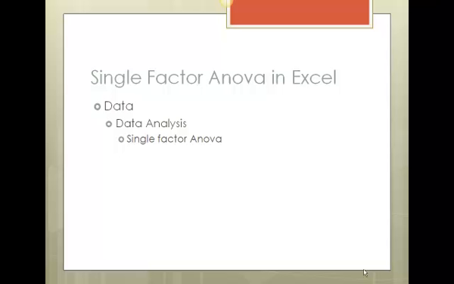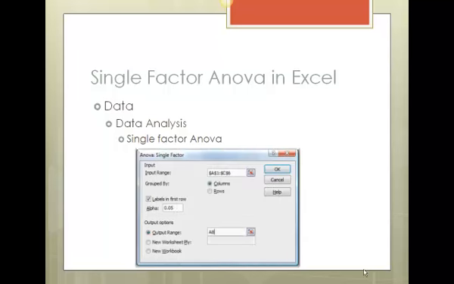So this test is performed using the single factor ANOVA analysis in Excel. So you will go to Data, Data Analysis, then select Single Factor ANOVA, and you will see this come up. You will input your data in the input range. It can be grouped by either columns or rows, so just look at the way your data is set up.